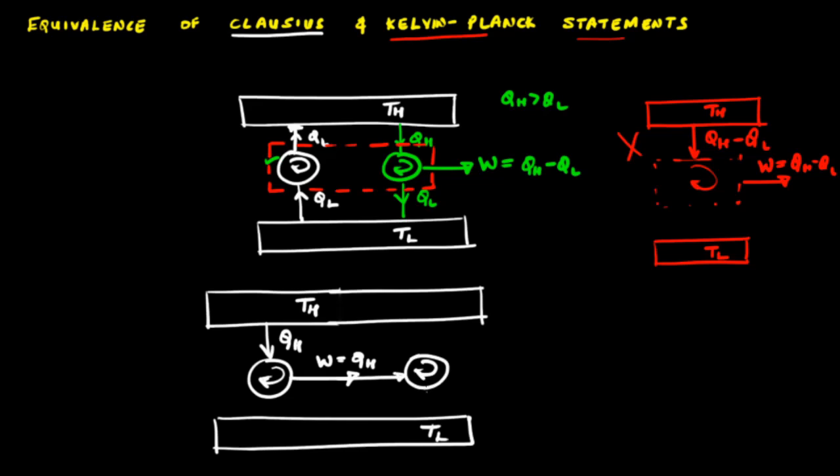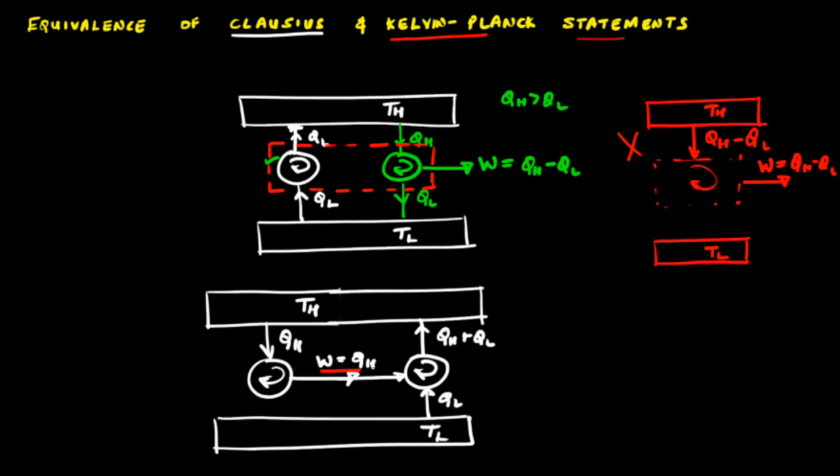This refrigerator, let's say, takes heat QL from the low temperature reservoir, and from the first law, this refrigerator will reject heat QH plus QL to the high temperature reservoir, and that's because the work done on the refrigerator is equal to QH.